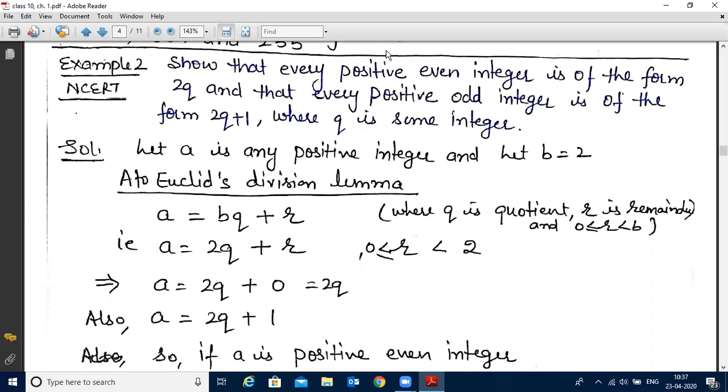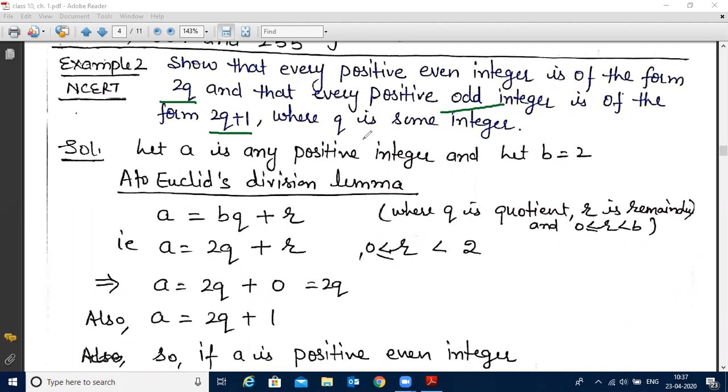So see example 2 of NCERT, that is show that every positive even integer is of the form 2q and that every positive odd integer is of the form 2q plus 1 where q is some integer.